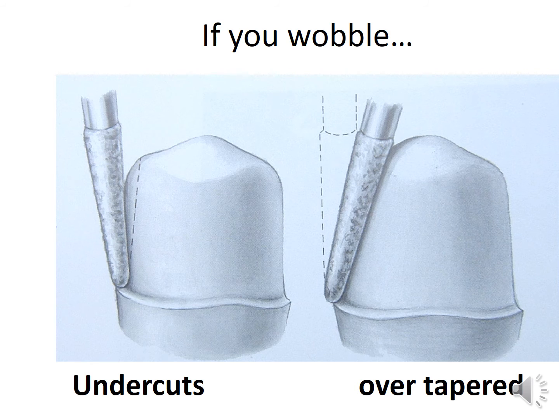In the second picture, if you make the end of the bur away from the cervical margin, you're going to make an over-tapered preparation. Both pictures are false. We can't make it this way. We have to be parallel to the long axis of the tooth structure.